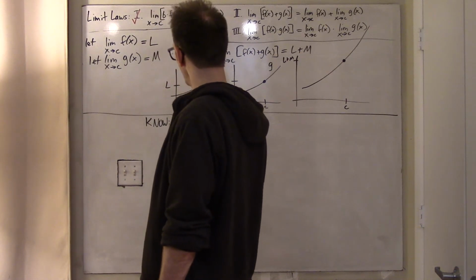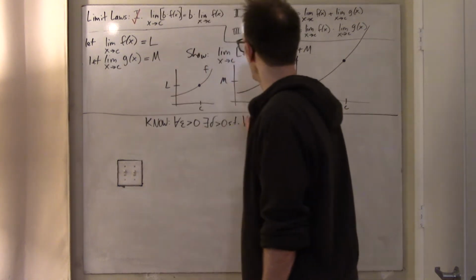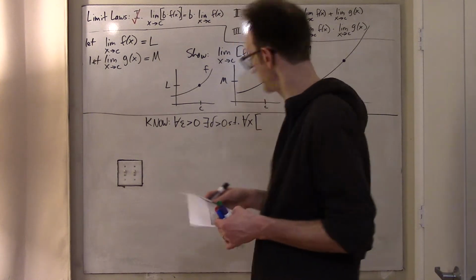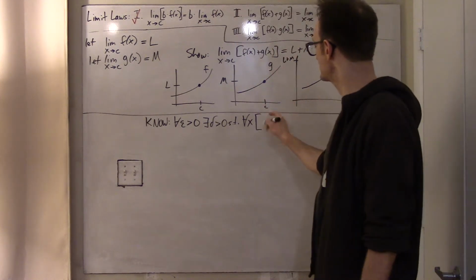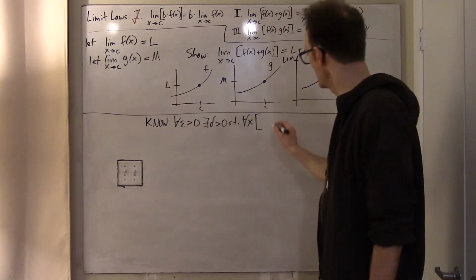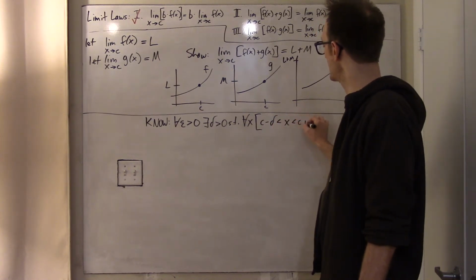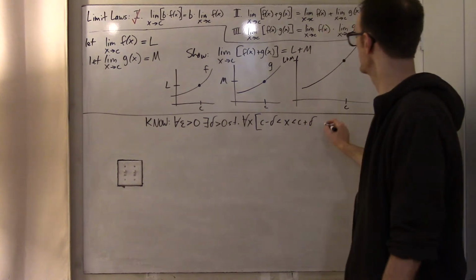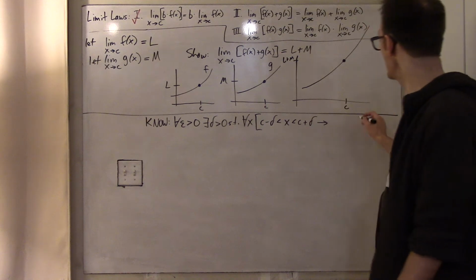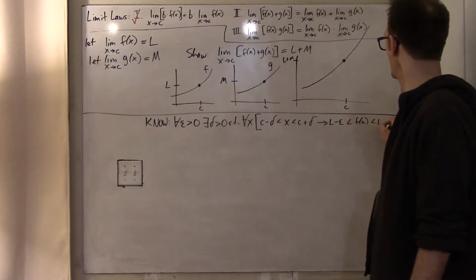For any epsilon greater than 0, there exists a delta greater than 0 such that for all x, and here it's nice to use the more casual version rather than the absolute value version, all x values between c minus delta and c plus delta, when plugged into f, land between L minus epsilon and L plus epsilon.